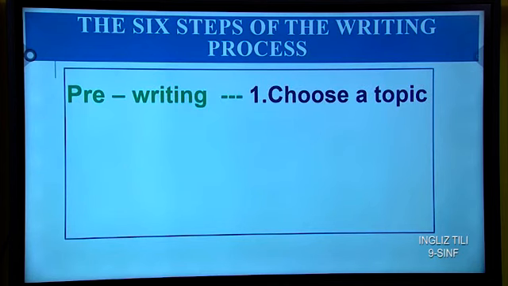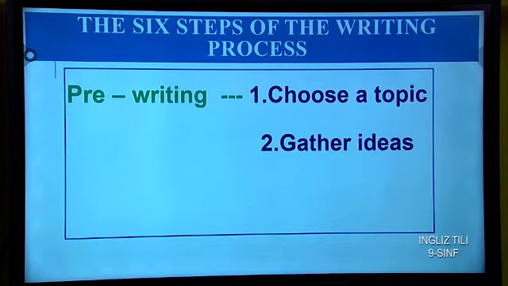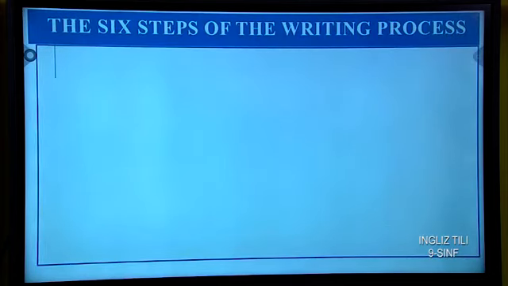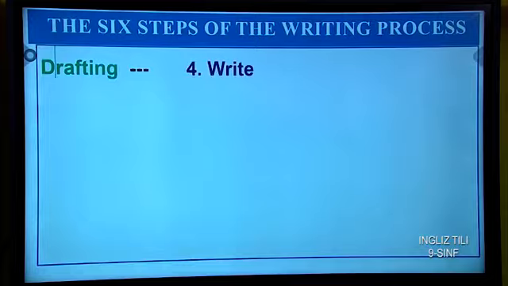First one, you have pre-writing. For pre-writing, you should choose a topic. So, next one, it is gather ideas. You should gather all your ideas in one place. So, third one, it is organize. Now, next step is drafting.